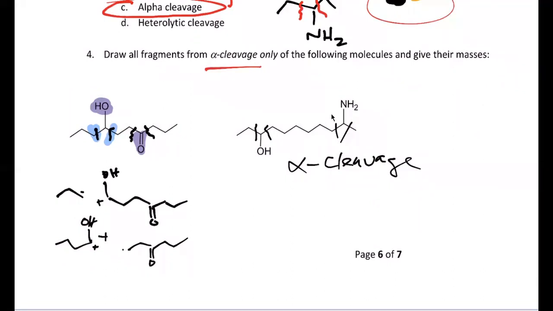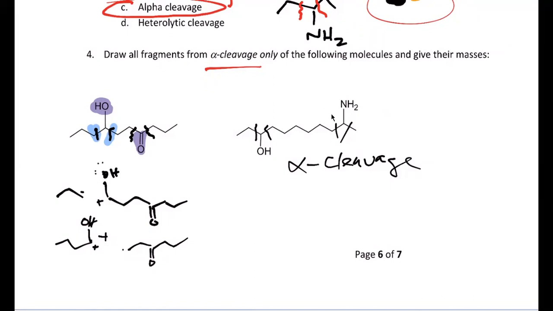I'm sorry, on that first fragment you did, putting the radical on the carbon, would the other one just be the same thing but with the radical switched over? Yeah, the other version of that would be the radical being on the carbon connected to the OH. But again, when you think about the stability of those fragments, if you put the plus charge where the OH is on that carbon, then you can do resonance and stabilize.